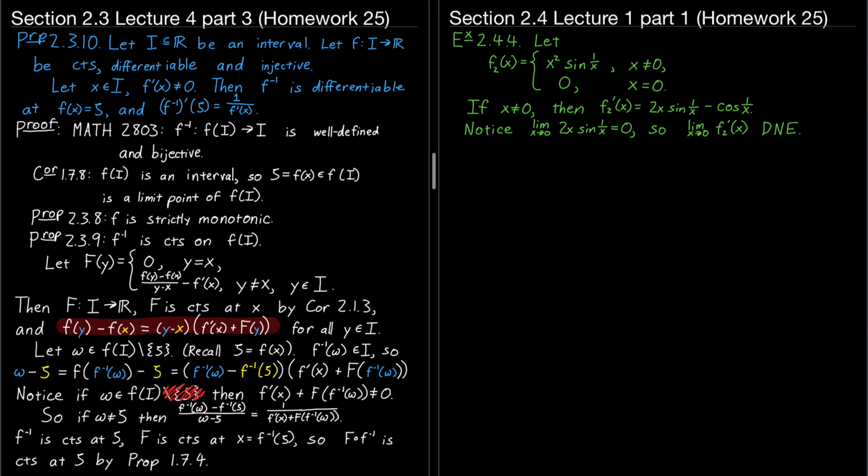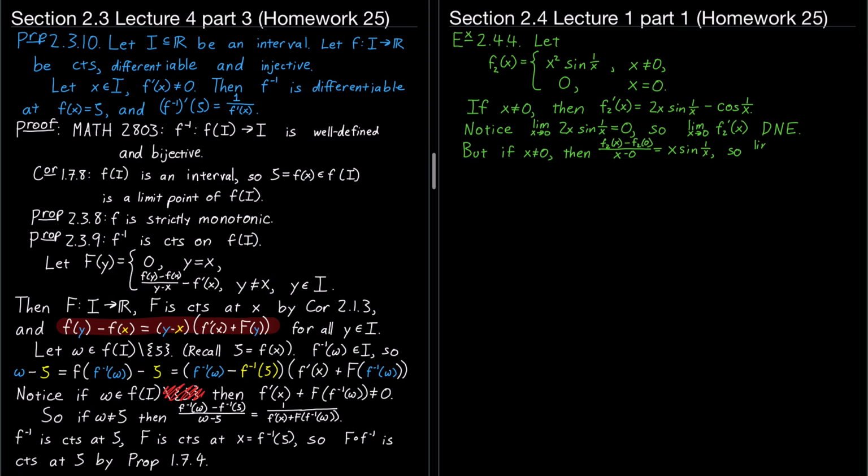But I'll point out to you, if x is not equal to 0, then f2 of x minus f2 of 0 over x minus 0, simplify it a bunch, cancel out the things that are 0, you get x sine 1 over x.